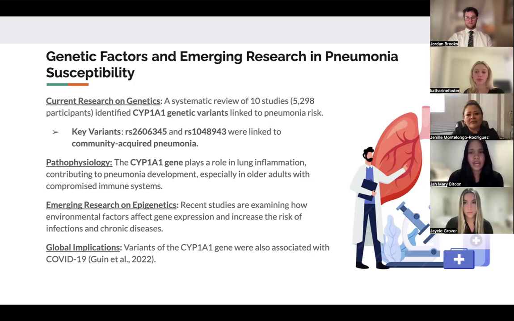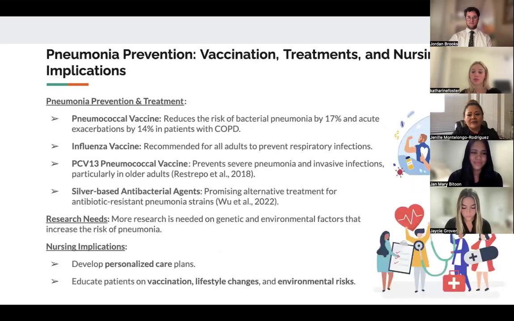The authors also touch on how epigenetics can influence our risk of pneumonia, and they found a strong link between environmental factors like secondhand smoke and pollution and an increased risk of respiratory infections. Continuing research on this topic is so important because it could help us identify high-risk patients at an early stage and offer personalized treatment plans, which I will address on my next slide.